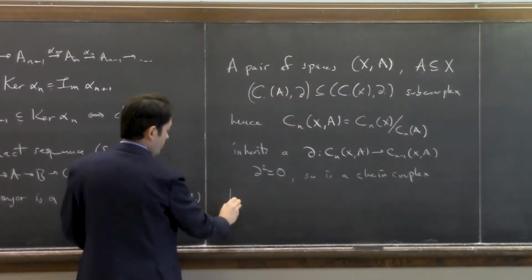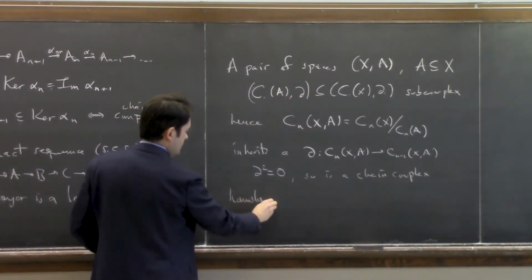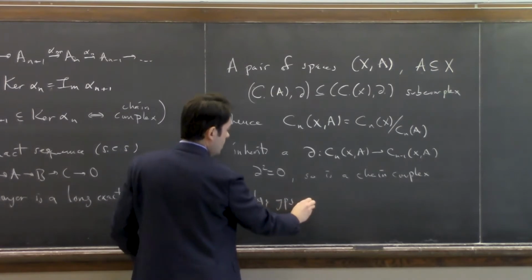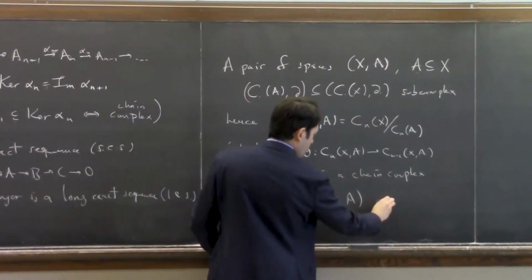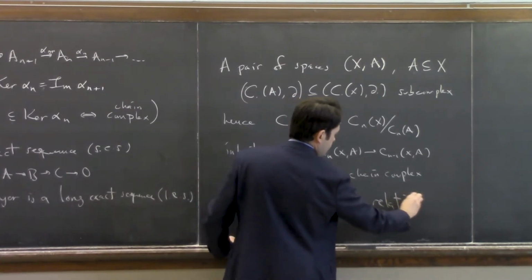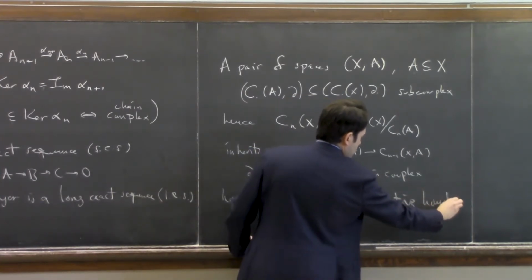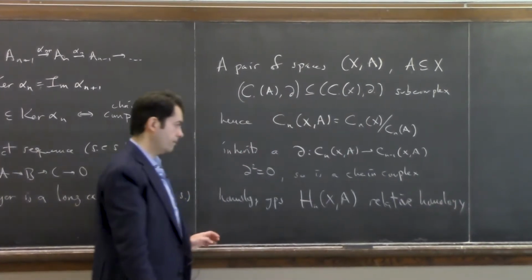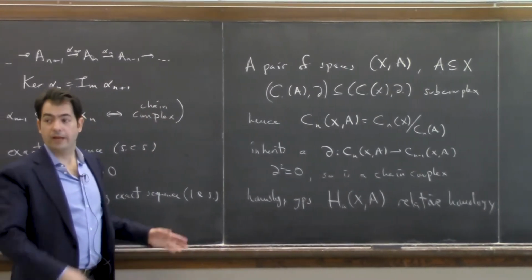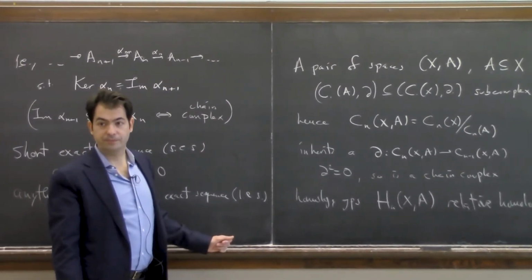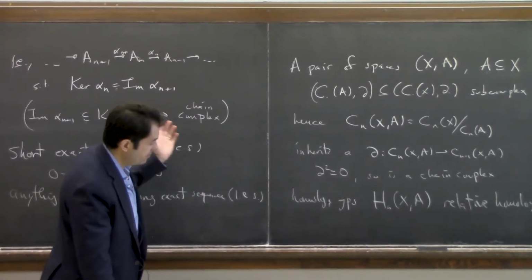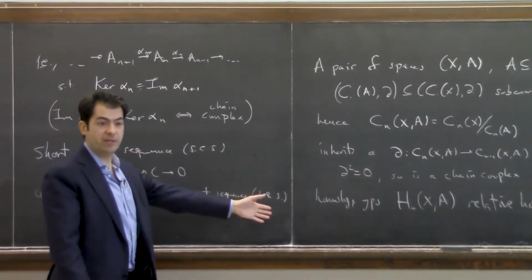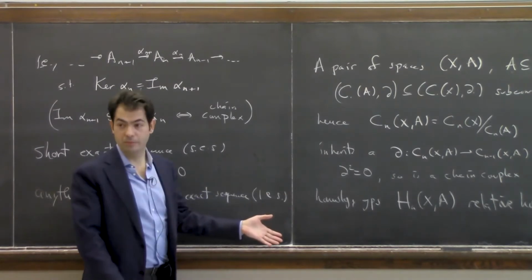The homology groups of this complex are the relative homology groups, or A relative homology groups. All of the concepts we have for homology groups, we have them here, and we just put a relative in front of them.